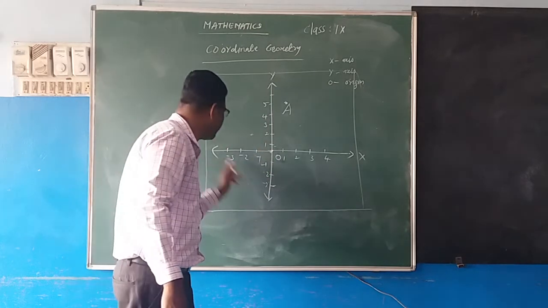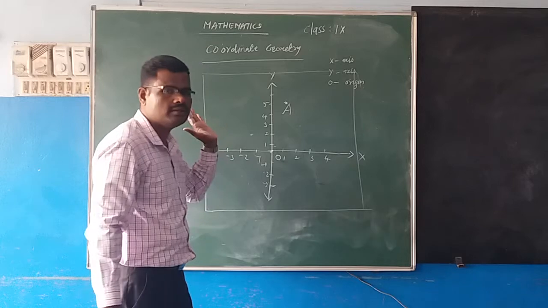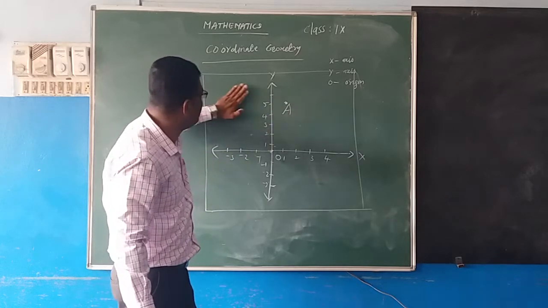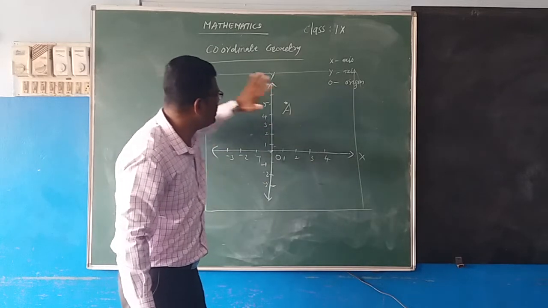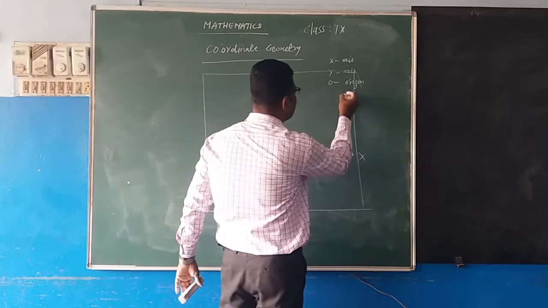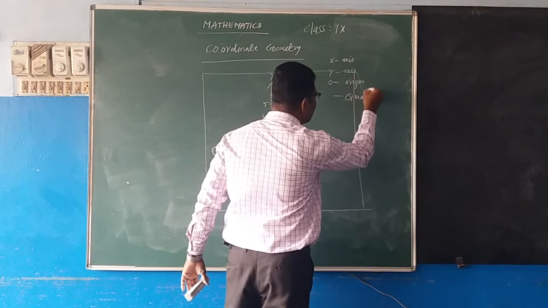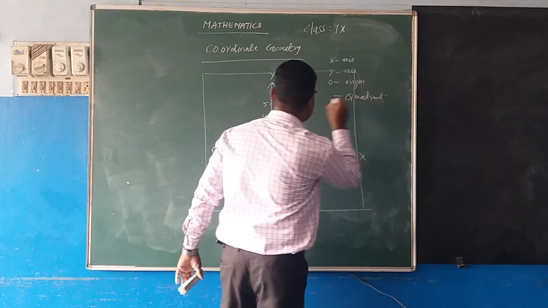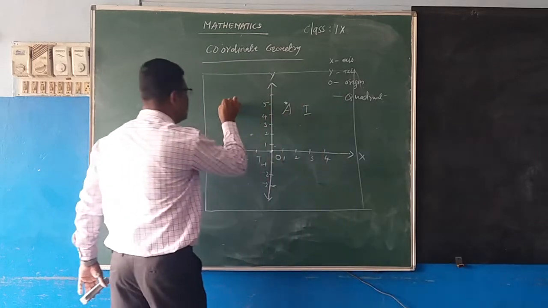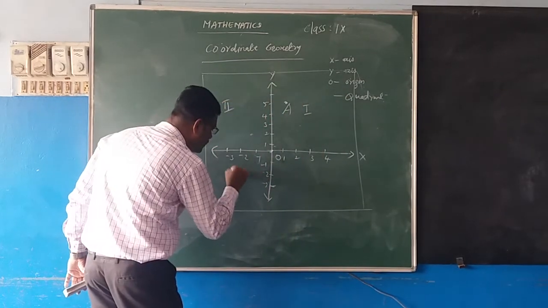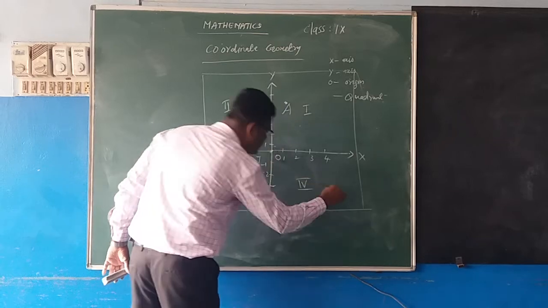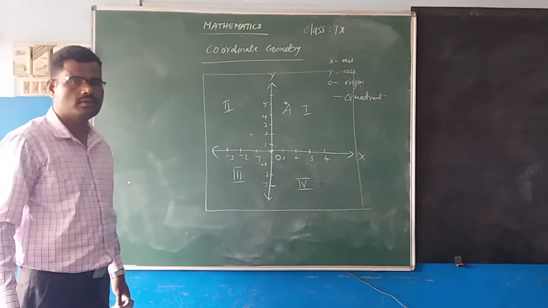When the x-axis and y-axis intersect, they divide the plane into 4 parts. Each part is called a quadrant. How many quadrants can be seen? We can see the first quadrant, second quadrant, third quadrant and fourth quadrant. Understood?